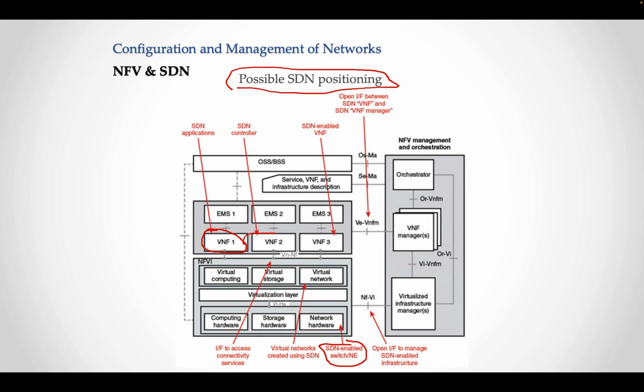The SDN controller itself can run on a virtual machine. Or I can have a virtual network function, for example, Open vSwitch, that itself can be managed by SDN. Okay, so this is not fixed. There are several layers here where I can have SDN, where I can have controllers, where I can have all these things.